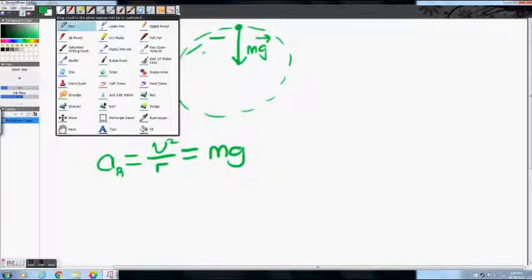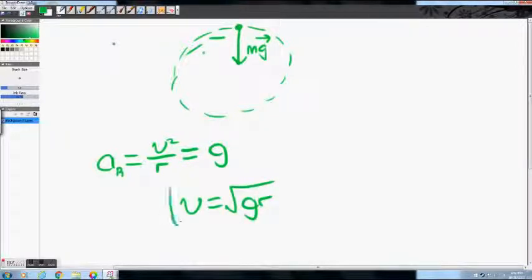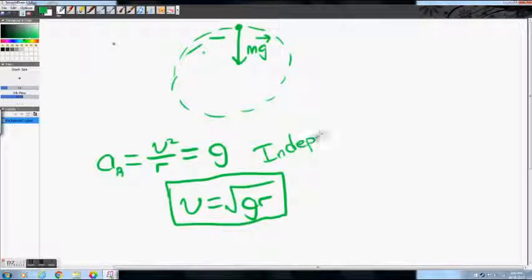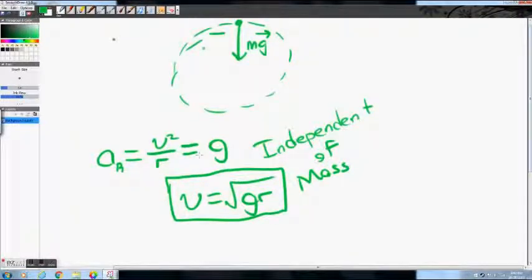Not mg, because mg is a force, weight. It's just going to be g. So v will equal the square root of gr, and this result is independent of mass. So that will answer the second part. It doesn't matter if it's a light load or a heavy load. It's just going to work the same way.